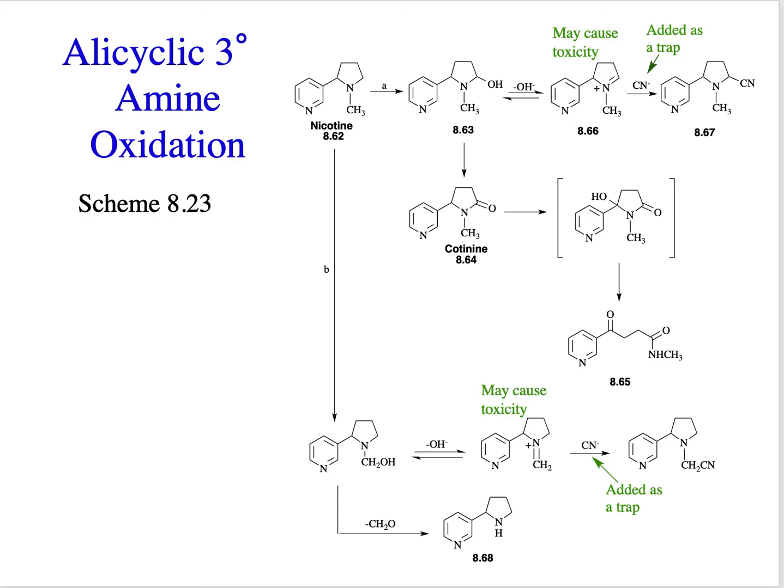Okay. Acyclic tertiary amine oxidation. Here's an example using nicotine. In this case, it has a number of different pathways for how it can be broken down.